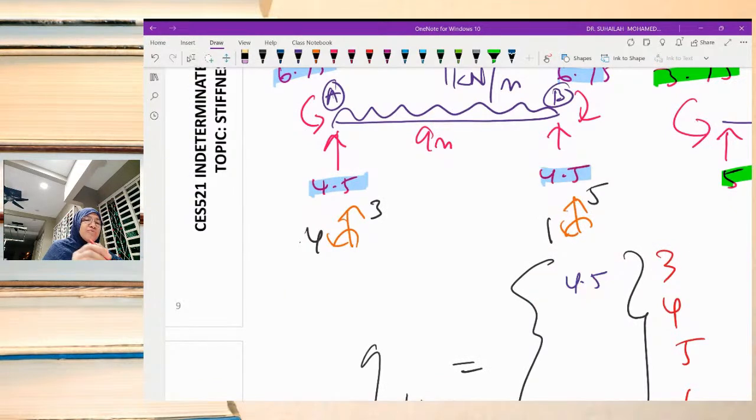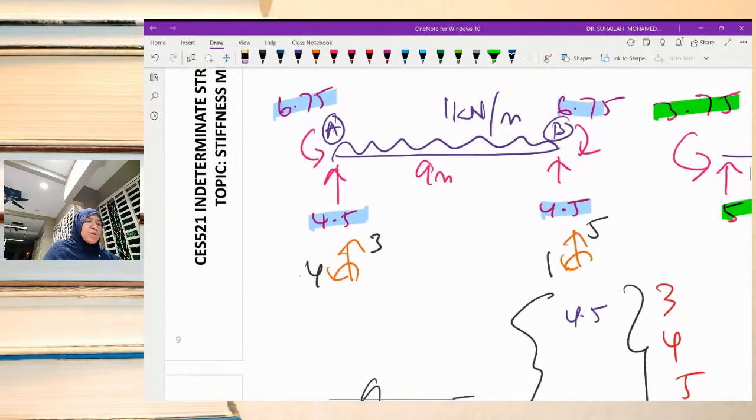Position 4, what is the value? Now we move to position 4.